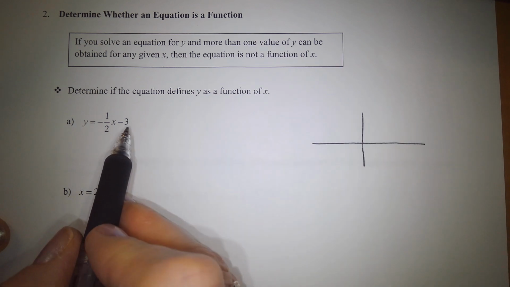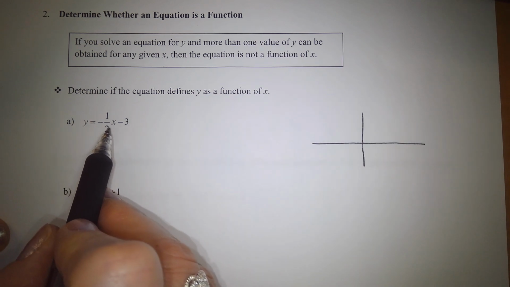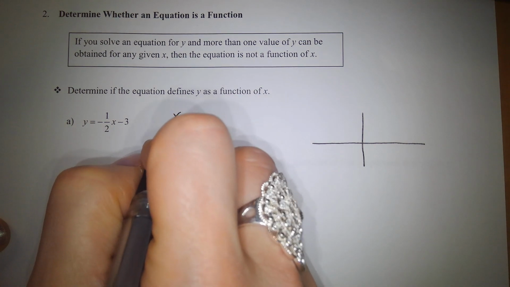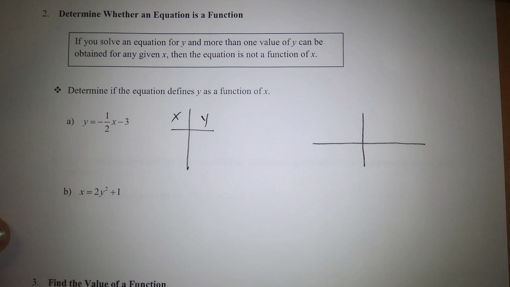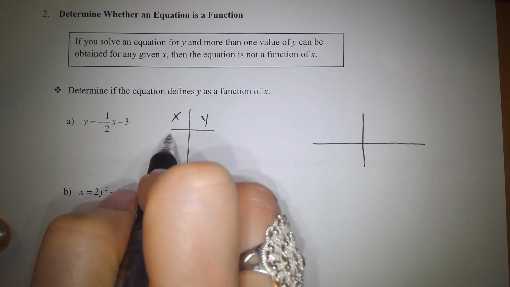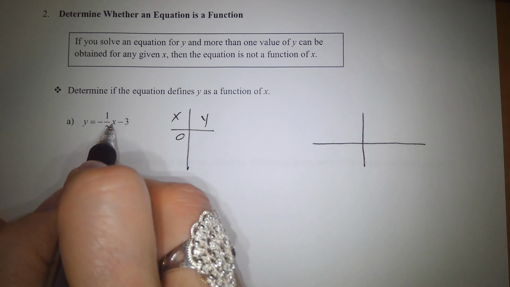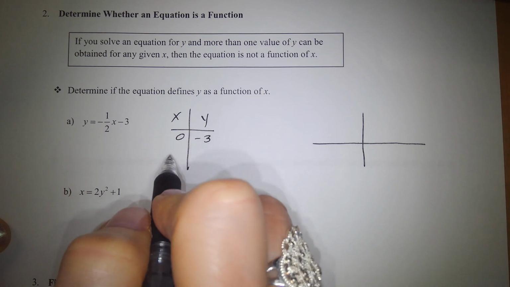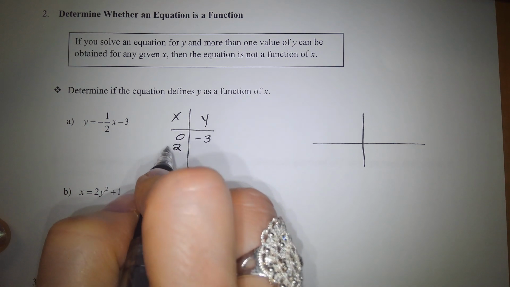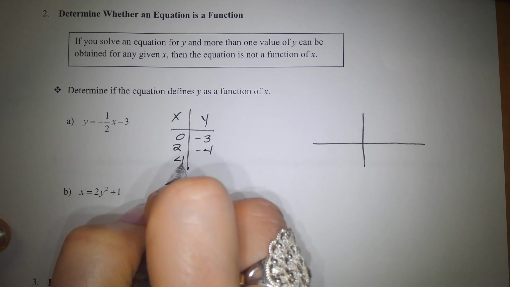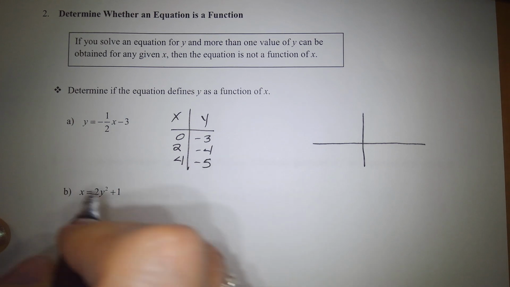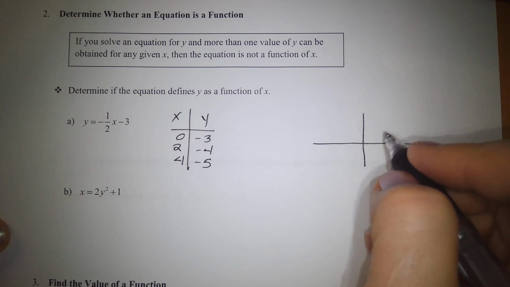we could graph it straight from here because this is slope-intercept form, or we can make a table to determine points and be able to graph it. Either way, if I made a table of points, I could plug in values like 0 and get negative 3. I could plug in 2 for x, and that would give me negative 4. If I plug in 4 for x, that would give me negative 5. So this will give me an idea of what the graph looks like.